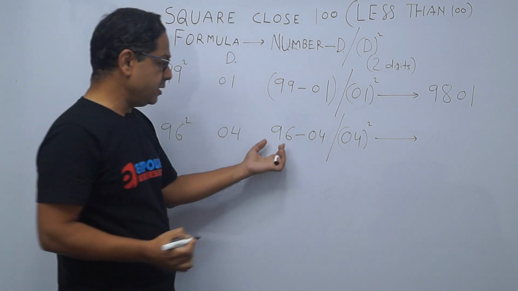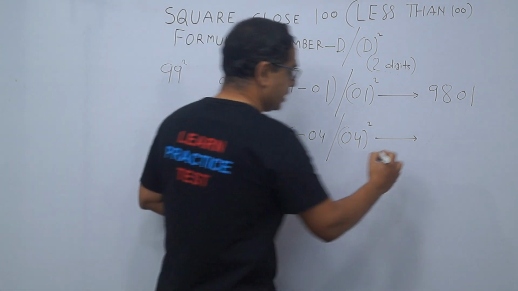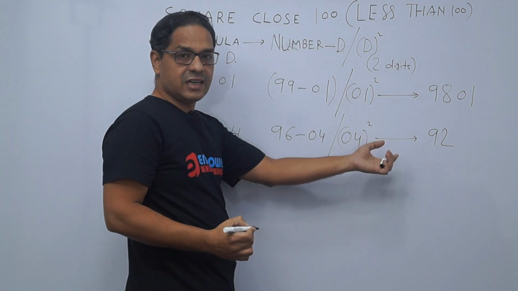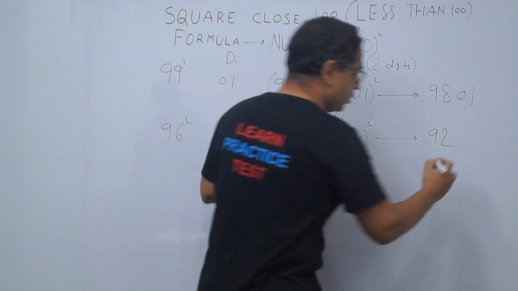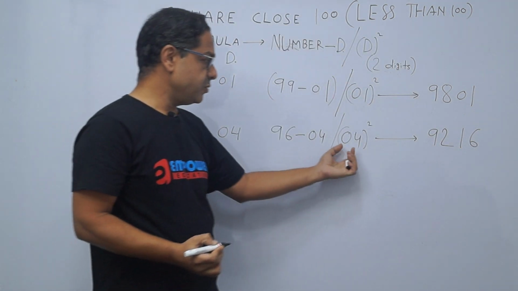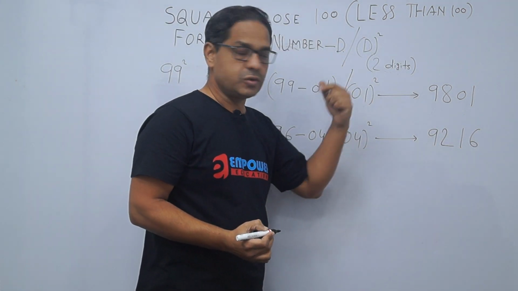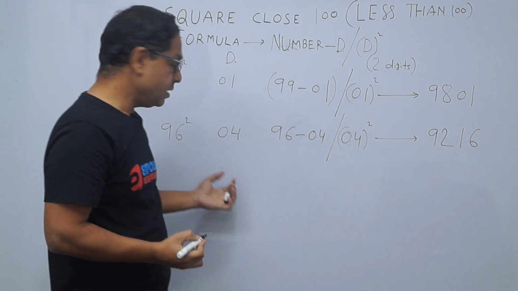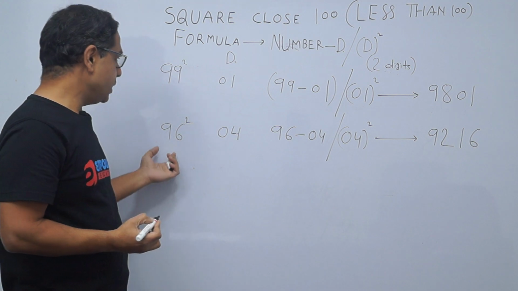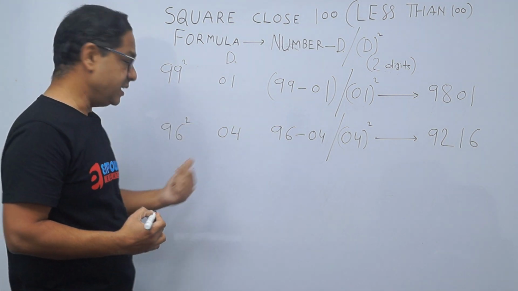So the answer will be 96 minus 4 is 92, and the right side will be the square of 4, which is 16. We already have 2 digits on the right, so no need to put a 0.